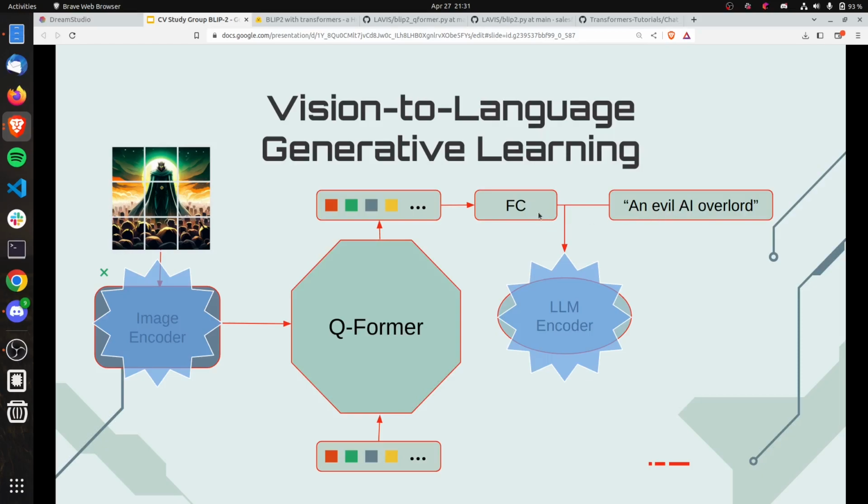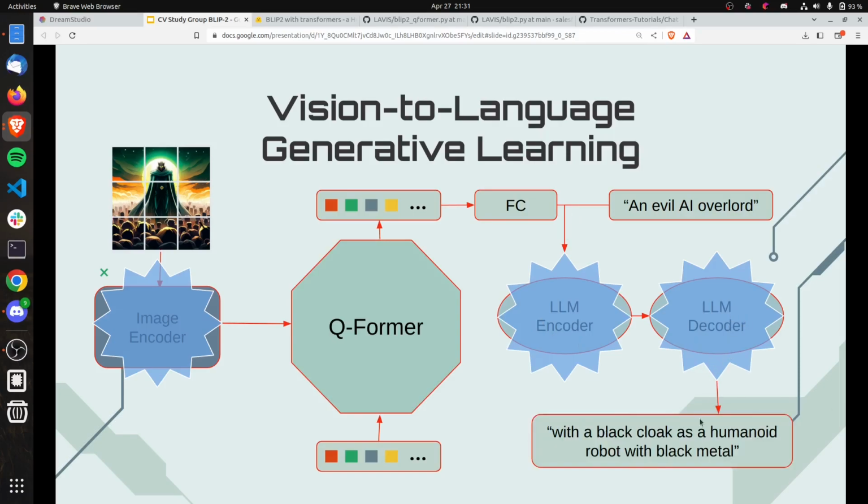So they connect these query tokens with part of the output they want, like the first part of the output, and then put that into the encoder, then that goes to the decoder, right? And the decoder then is tasked to output the continuation of the sentence. And that's basically the whole second part.